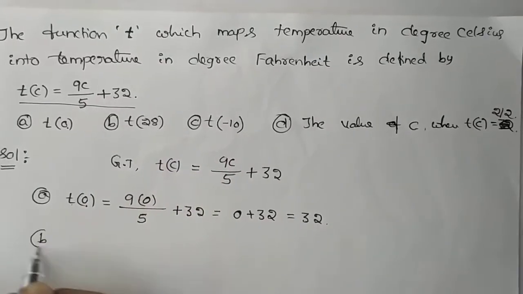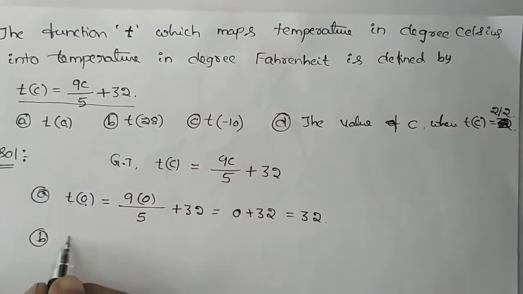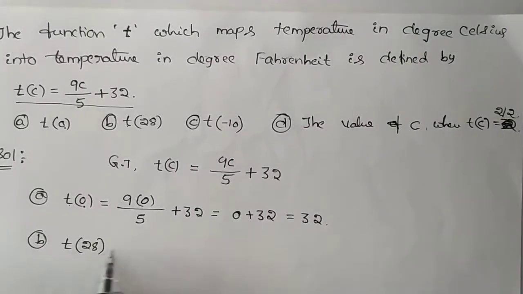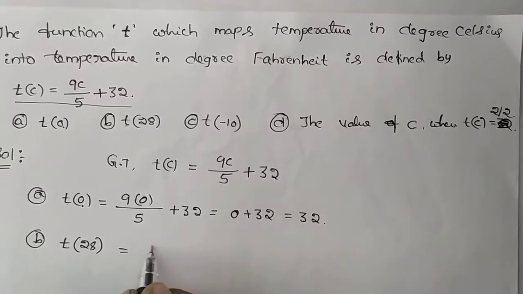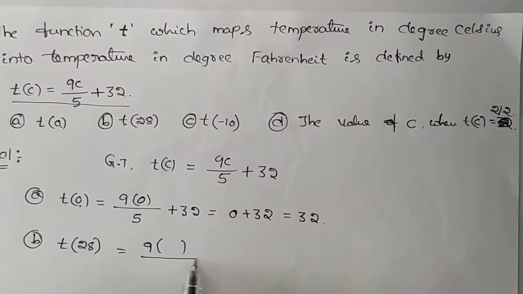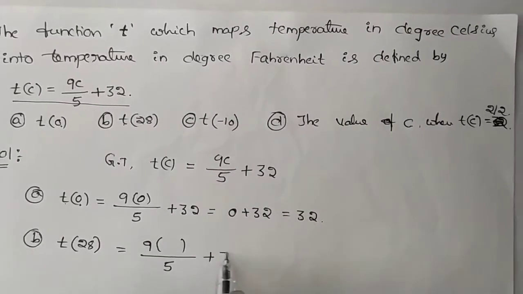Next, second question, B. T of 28. T of 28 equals 9C divided by 5 plus 32.